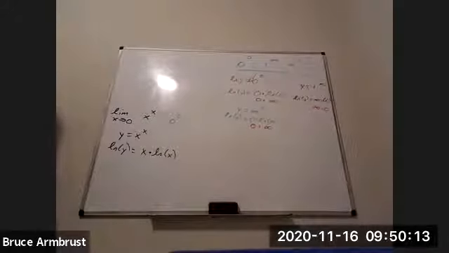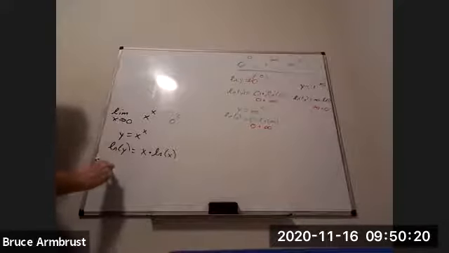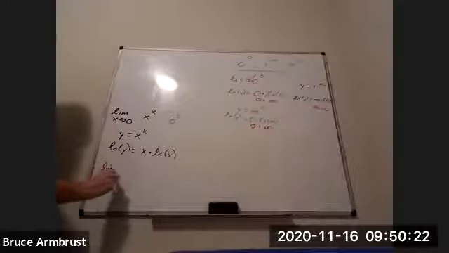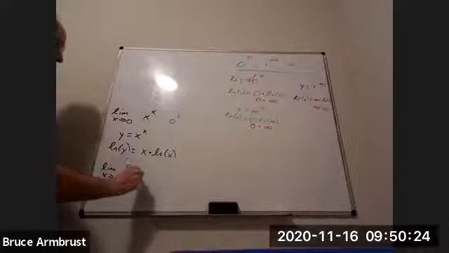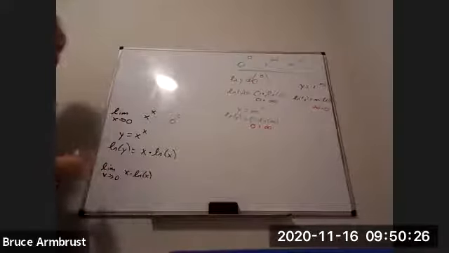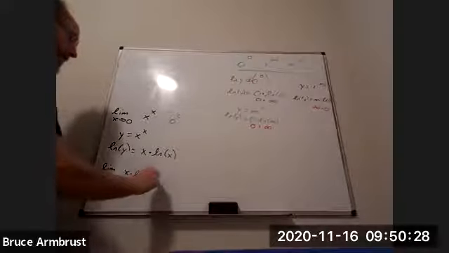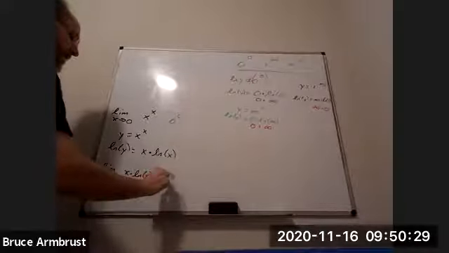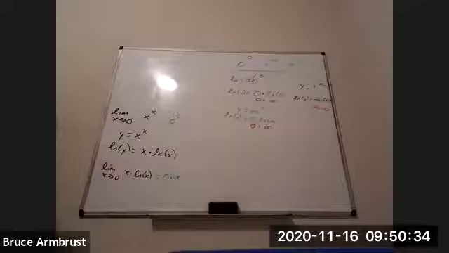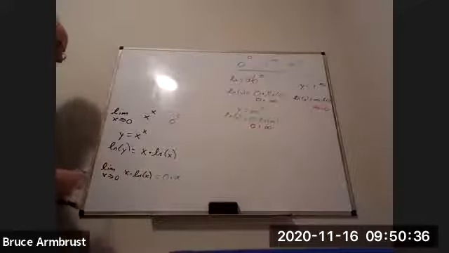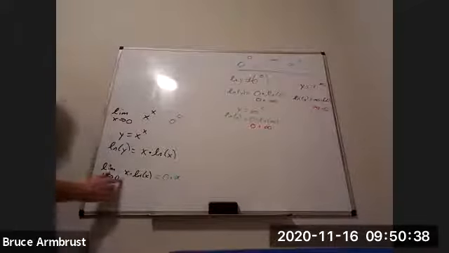And now if we do a limit, notice that what this gives us is 0 times infinity, which is now an indeterminate form. So let's investigate this one.